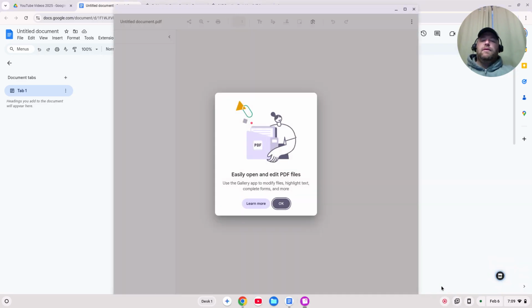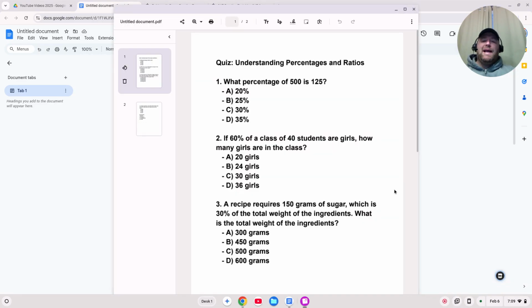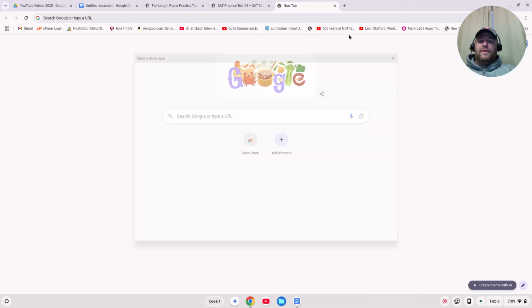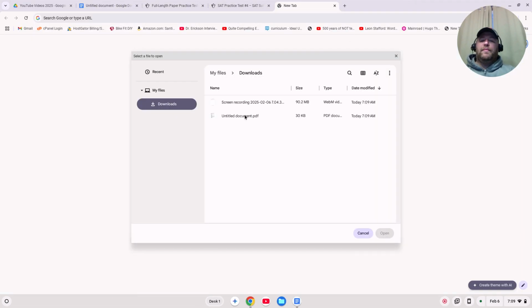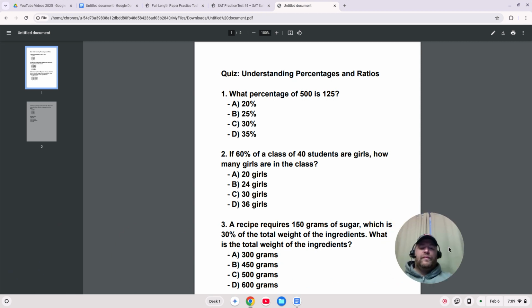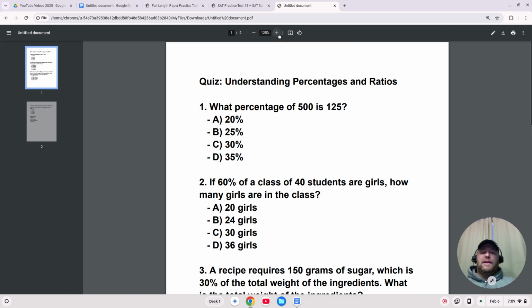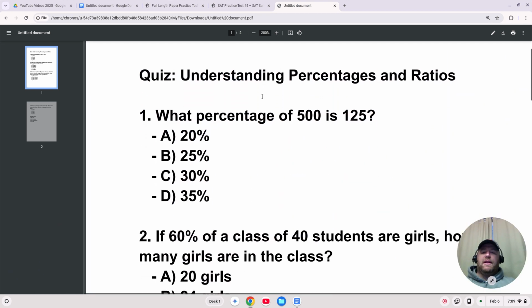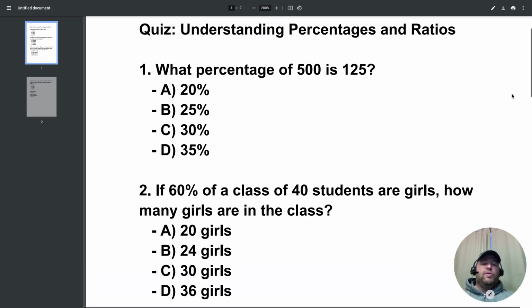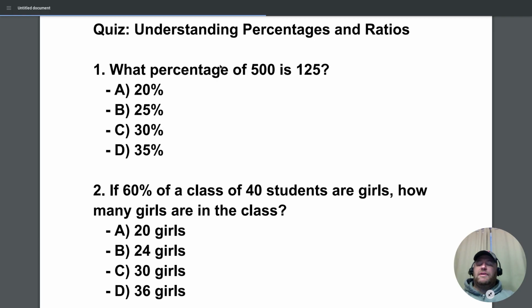I could either open it and edit it as a PDF, or I can open up a new tab here and just open up the download. Now that I've got the download here, I can increase it, and I can start writing on this document for a video.